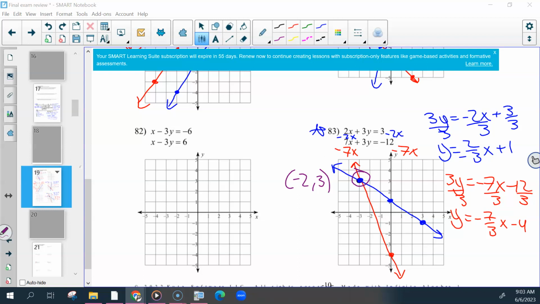Questions on systems by graphing? Go on to the next page.